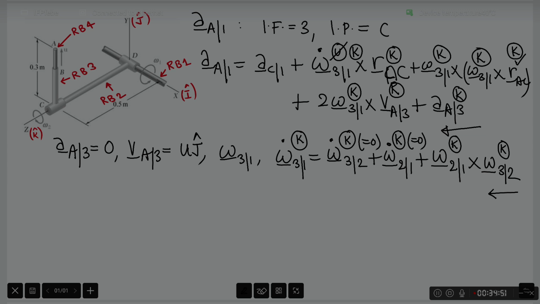So far, we have been able to find all the quantities coming from the right hand side of equation number 3. Now we come to AC1. Is AC1 known?